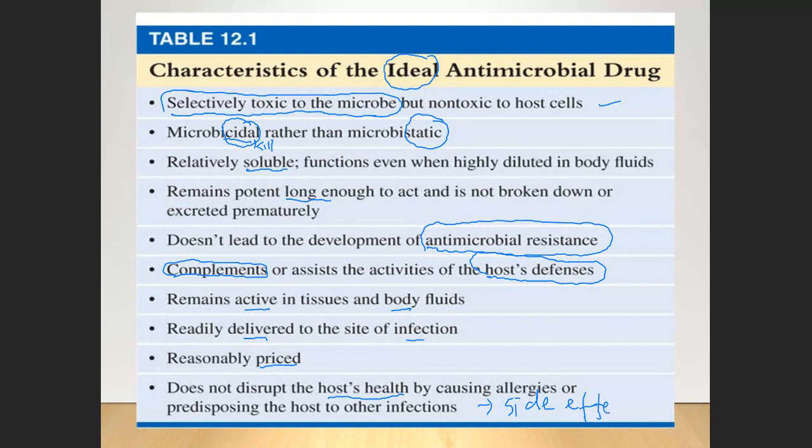As much as possible, it has very low side effects to the host cell. So this is ideal. It means that sometimes it is very difficult to fulfill these requirements. For example, there are some drugs that are very effective, but that drug can also cause side effects to the host cell.